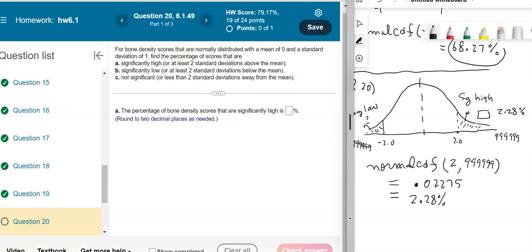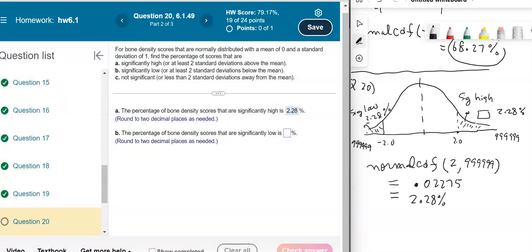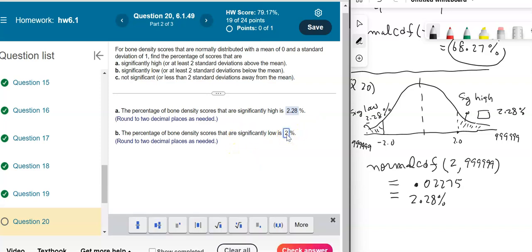This is also 2.28% because it is symmetric. So I'm going to write there 2.28%. Okay, and the same thing, the percentage of bone density that is significantly low is also 2.28%. Okay.